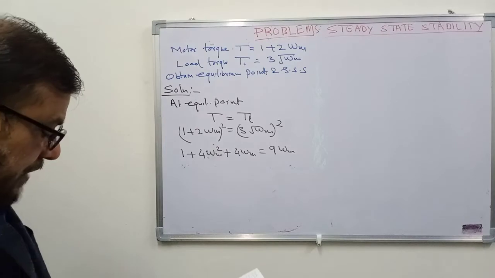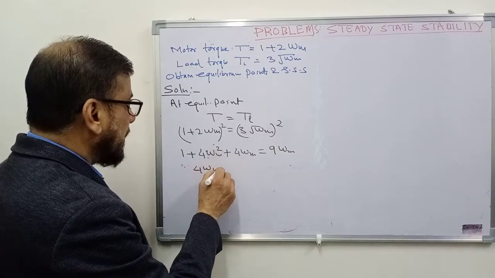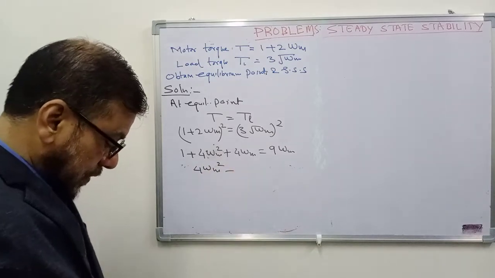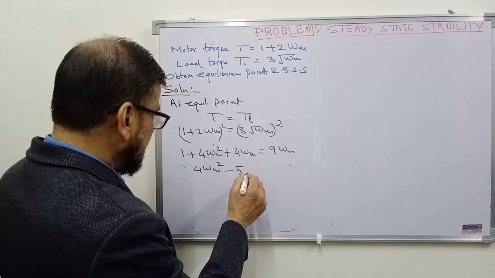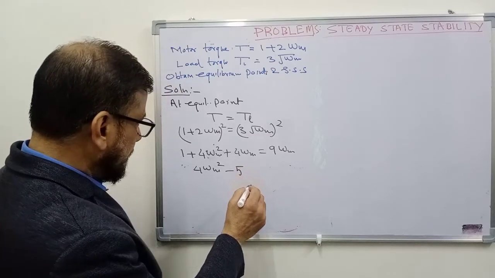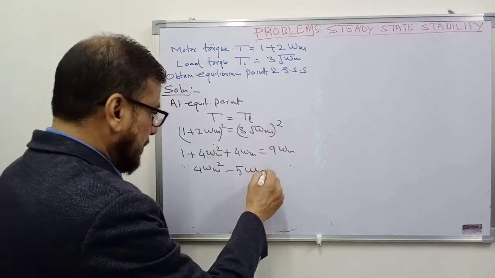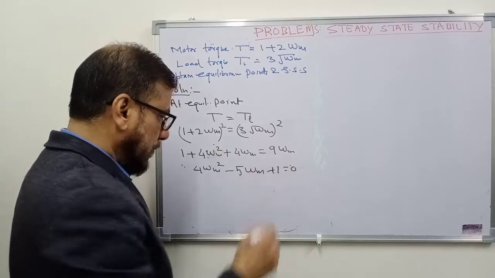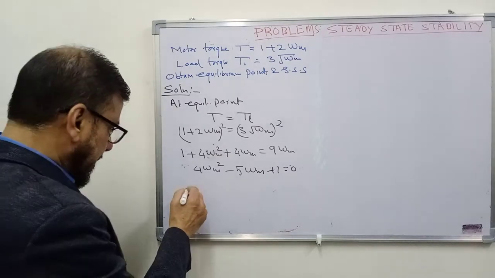So it will form a quadratic equation, 4 omega m square minus 5 omega m plus 1 is equal to 0. Solve this equation and you will get 2 points.